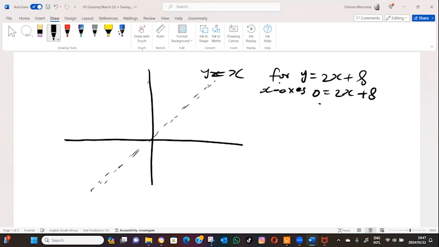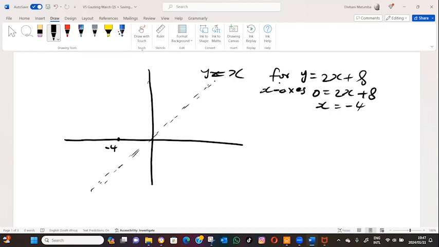Now the value of x will be minus 4. So this will be minus 4.